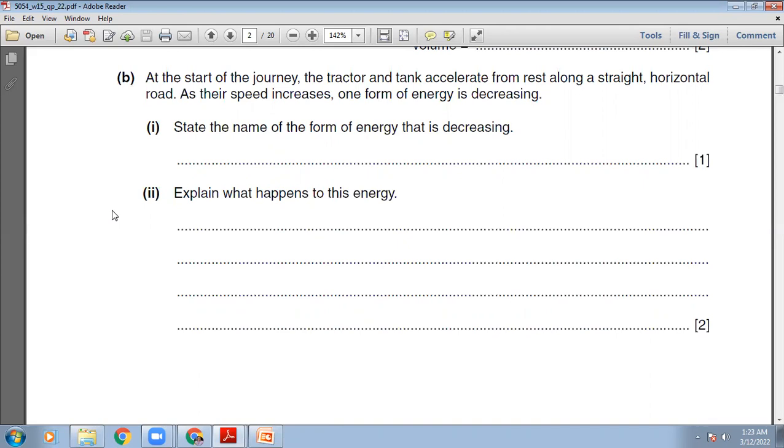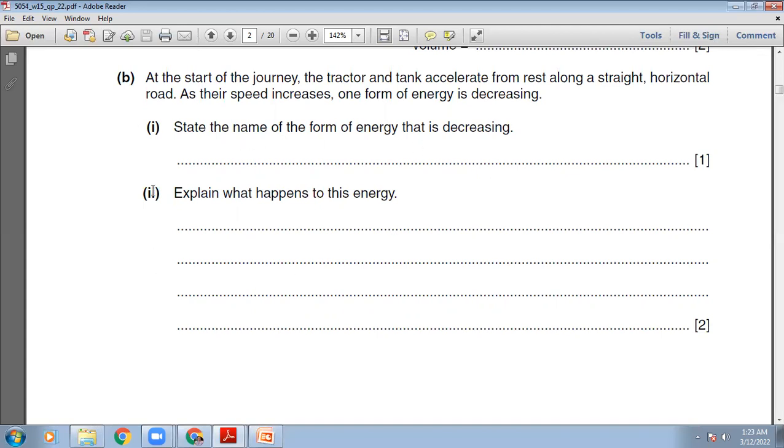As the tractor goes on, it will be accelerating. The fuel is combusted, it's being burnt, and when the fuel is used, obviously the chemical potential energy is decreasing. The fuel has chemical potential energy, and that is gradually decreasing. So the answer will be chemical potential energy.